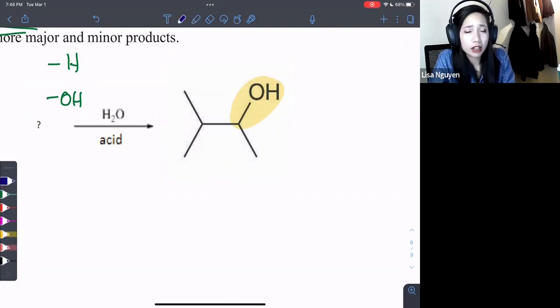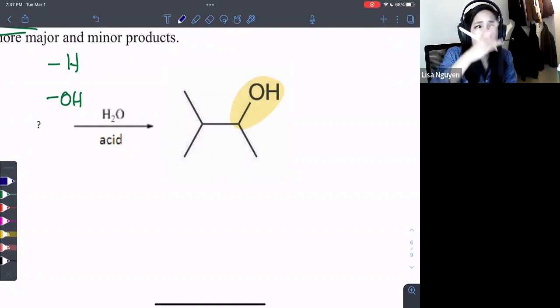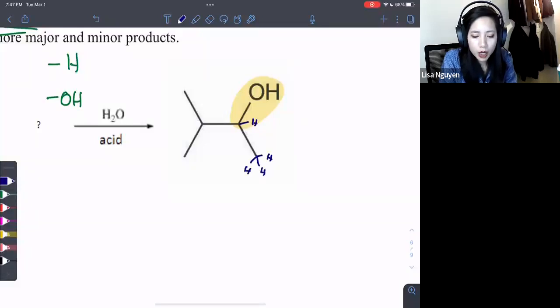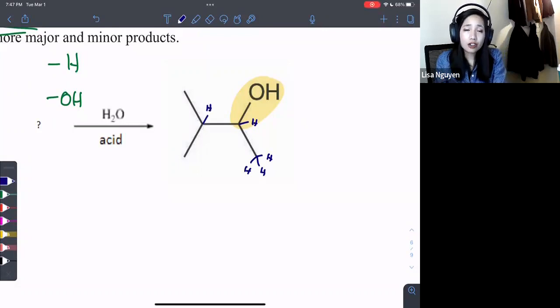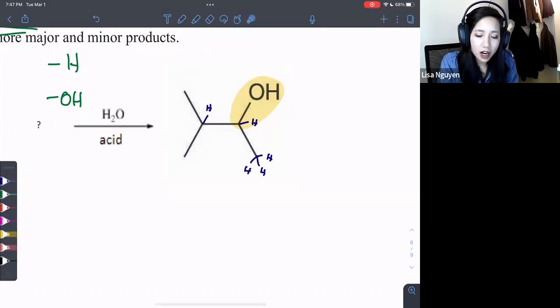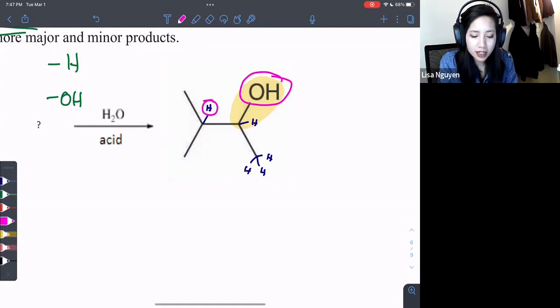So the trick here is that there are actually 2 different places you can take hydrogens, because if we go into this molecule and think about where all the hydrogens are, there's a bunch. There's one there, there's one there, there's one there. In a hydration reaction, you add the hydrogen and the OH to 2 carbons that are next to one another. So now the thought process is, where should we form the double bond? If we remove this OH and this hydrogen, we form a double bond right here.